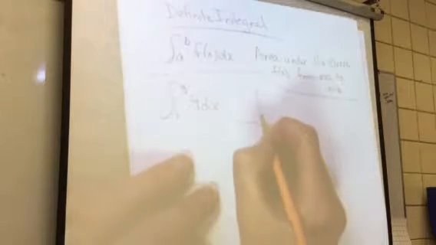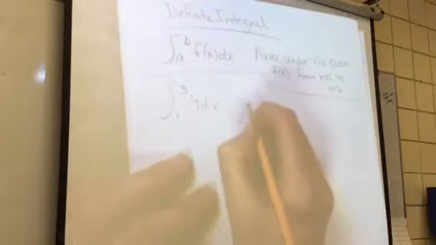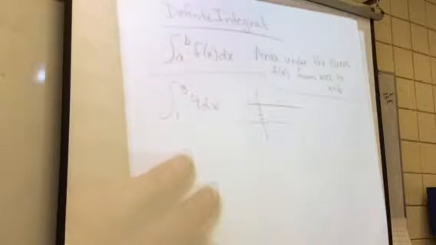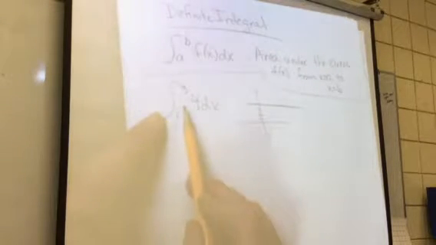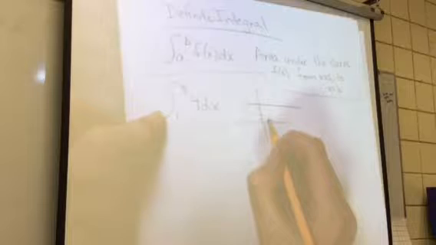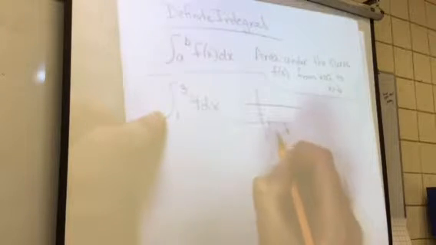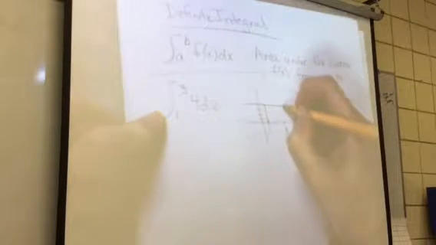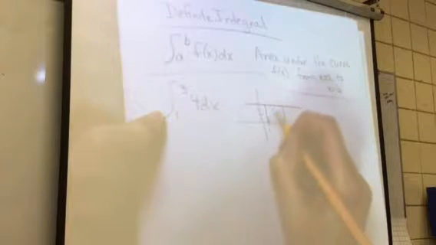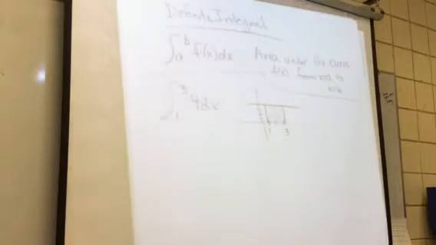A horizontal line at 4. So we have this horizontal line. And what this definite integral is asking you to find is the area between 1 and 3 from that curve down to the x-axis. So this is a very simple one, yes.